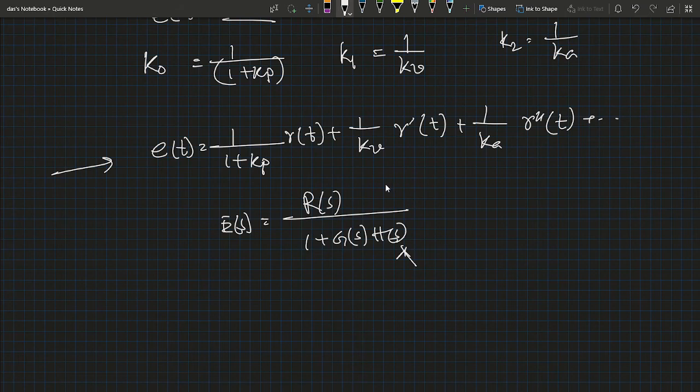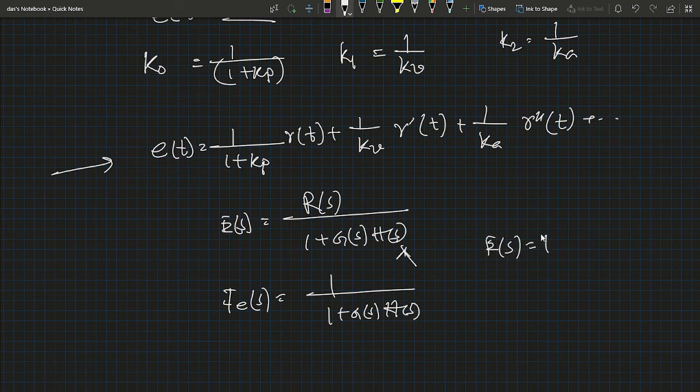Now consider a function Fe(s), which is equal to 1 divided by 1 plus G(s)H(s). So we write E(s) as Fe(s) into R(s), where Fe is the error series of the feedback control system.